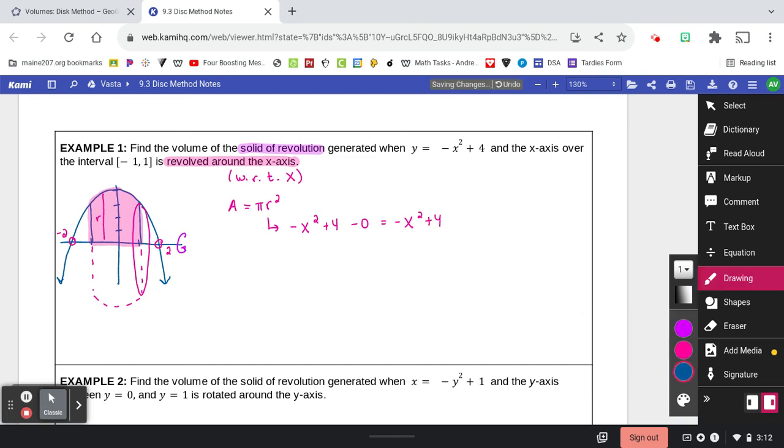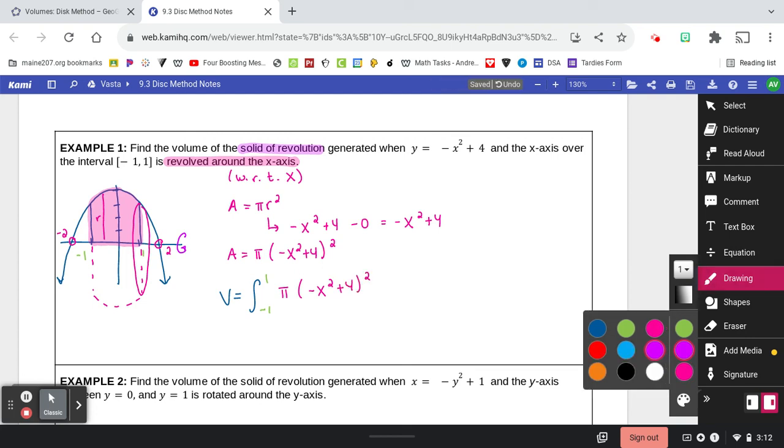So my volume, I should write out the area formula first, huh? Pi times negative x squared plus 4 squared. My volume is going to be the integral from my lowest x value, which is negative 1, to my highest, which is positive 1, of pi times negative x squared plus 4 squared dx.